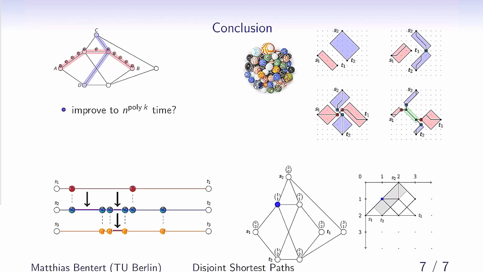So using ETH, we can show that the problem is probably not solvable in n to the little o of k, but this is sublinear, and we are at k factorial roughly, (k+1) factorial.